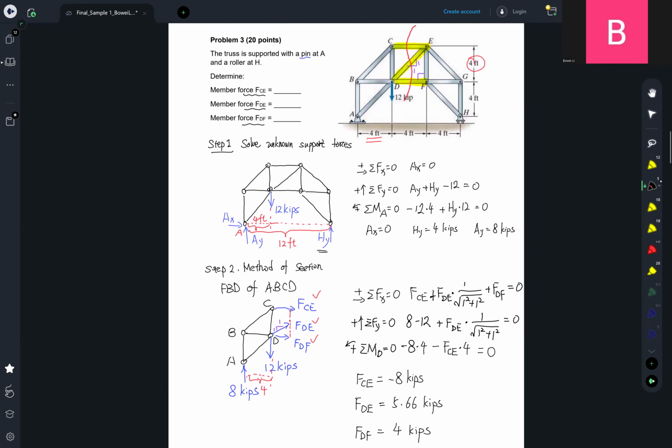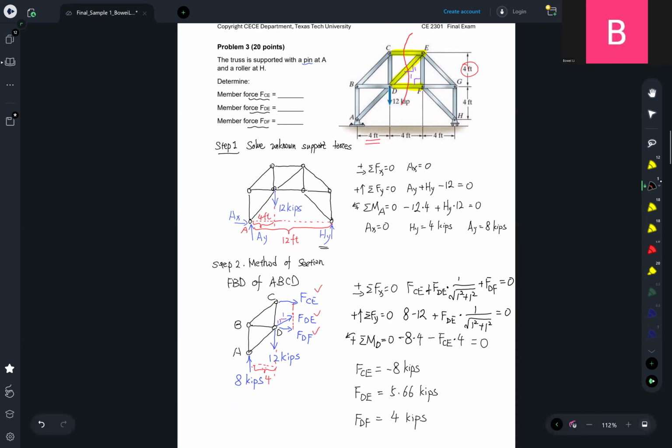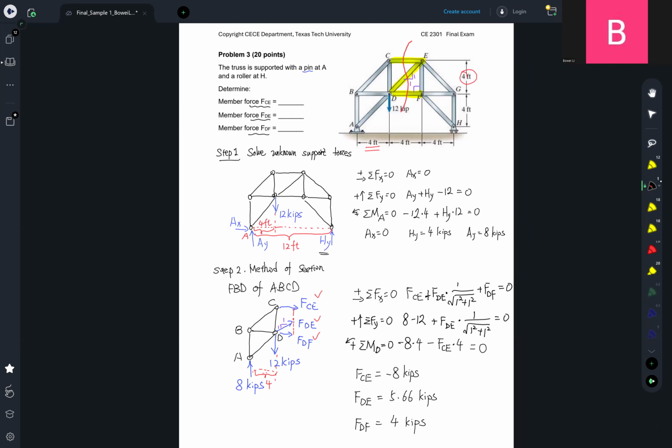If you look at the steps, generally we applied the method of sections here. We first get ourselves prepared for the structure analysis. We solve for the unknown support forces, and then we highlight the members of our interest.